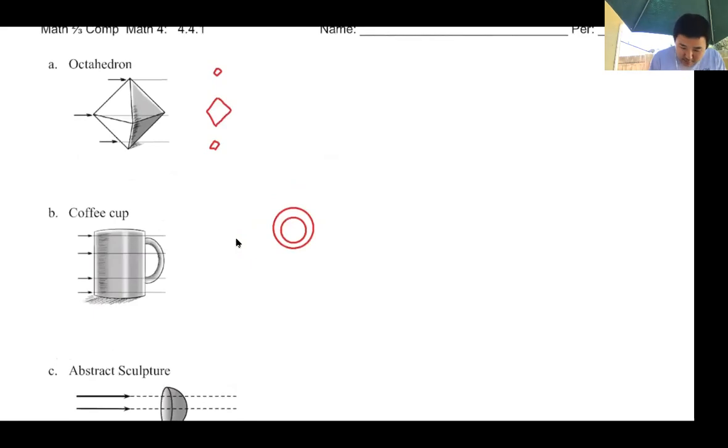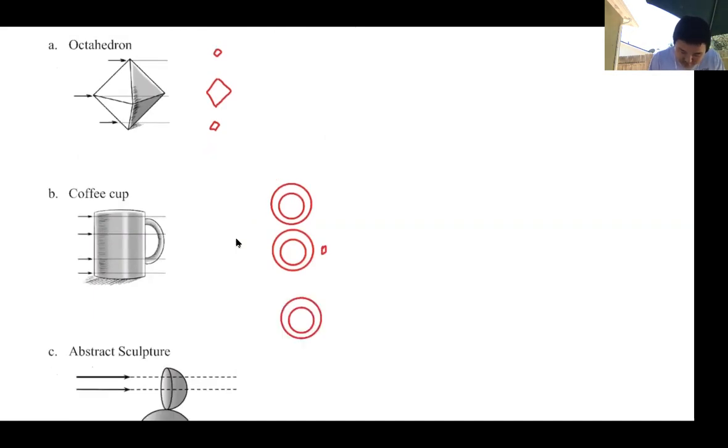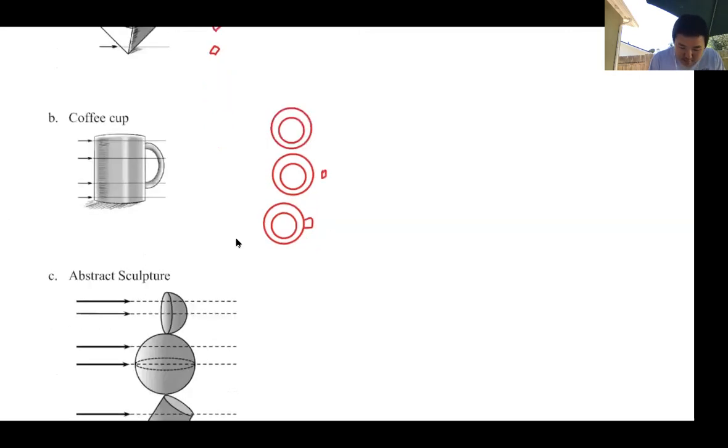And then this one is the same but then with a handle, and down here with a bigger handle. The bottom one, to the bottom, a solid face.